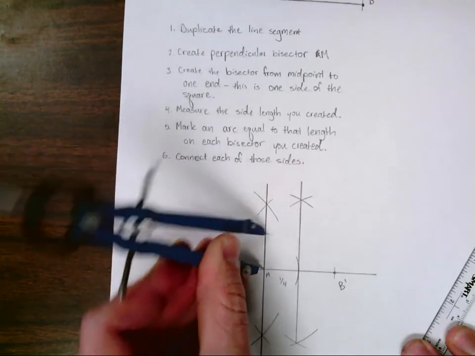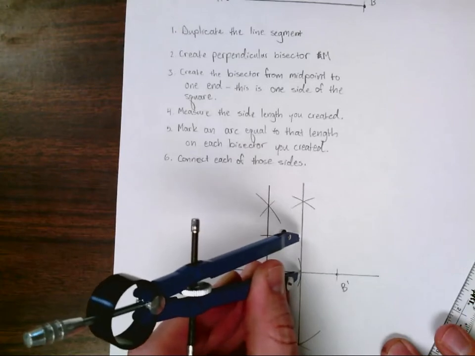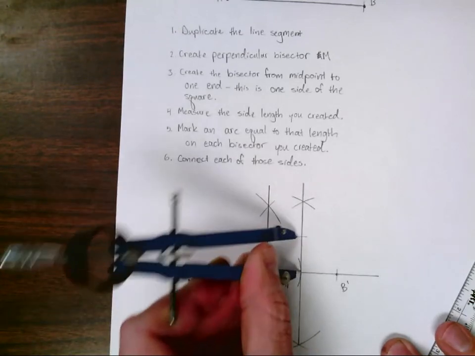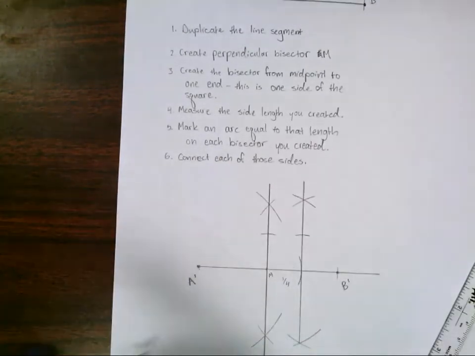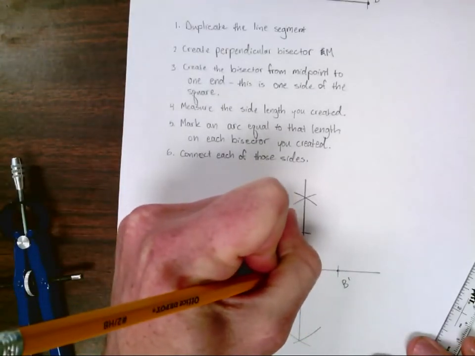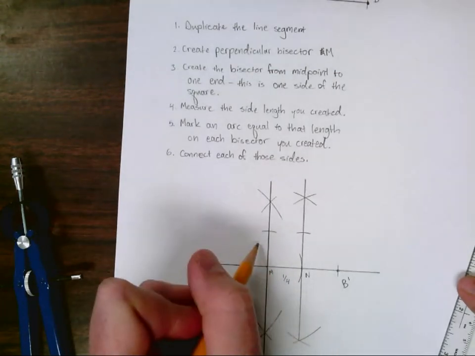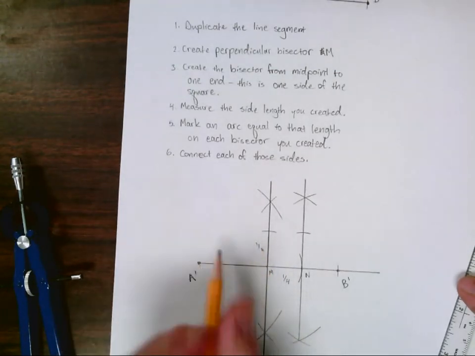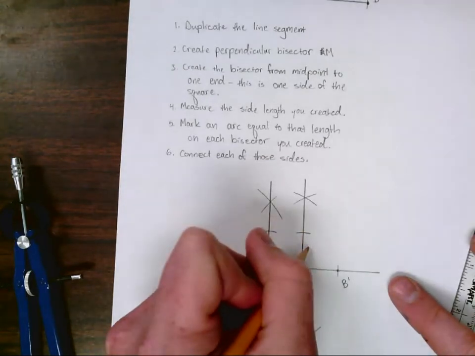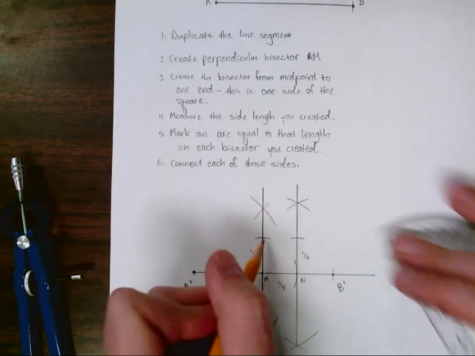Mark that same height above point M and above point N. Let's call this point N. Okay. This should be the same exact length, 1/4 of AB, and this should be the same exact length, 1/4 of AB.